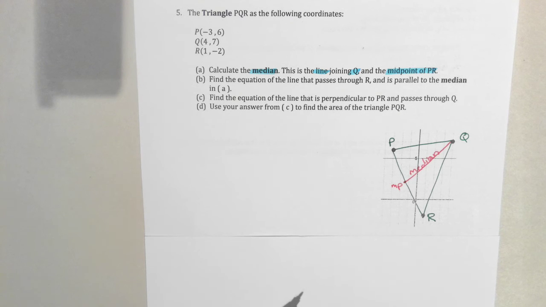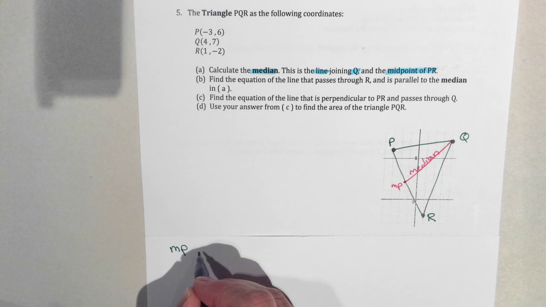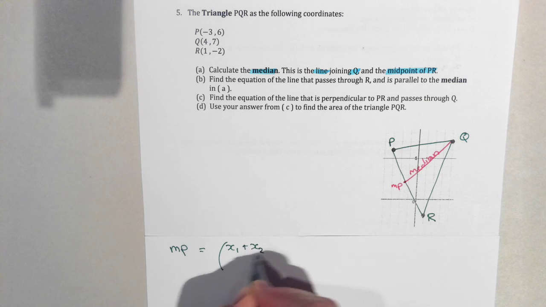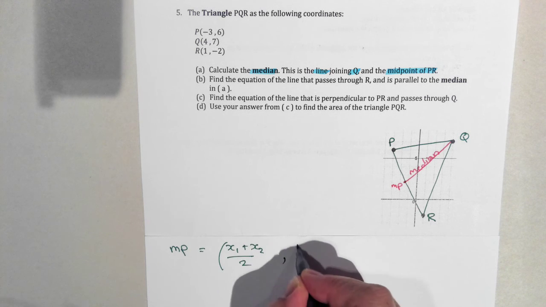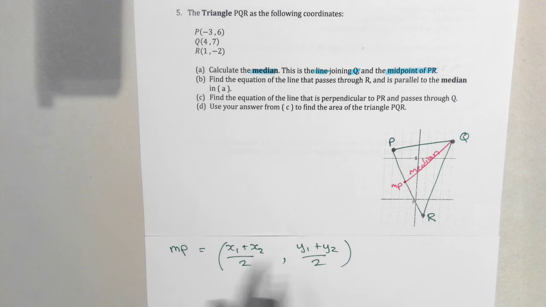Okay, so let's have a look at this then. Well, it talks about a midpoint of PR. So that's a good starting point. We know about midpoints. We've got a formula for midpoint. So we know our midpoint formula, x1 plus x2 over 2, comma, y1 plus y2 over 2. So it's a coordinate, that's why we're putting it in brackets there. So what are we doing the midpoint for?